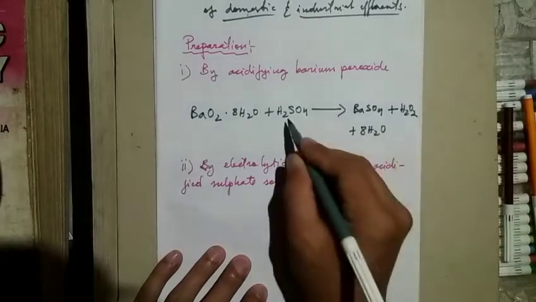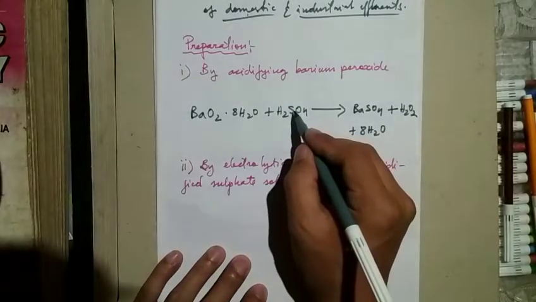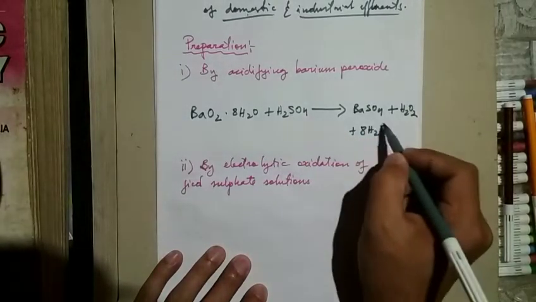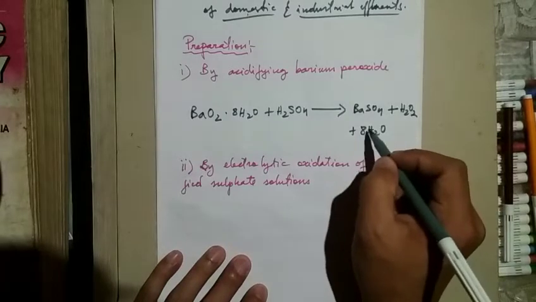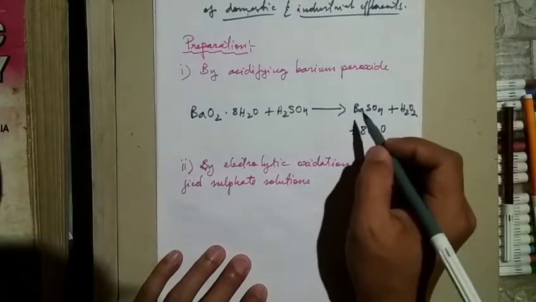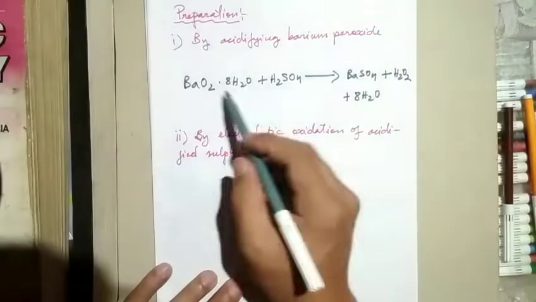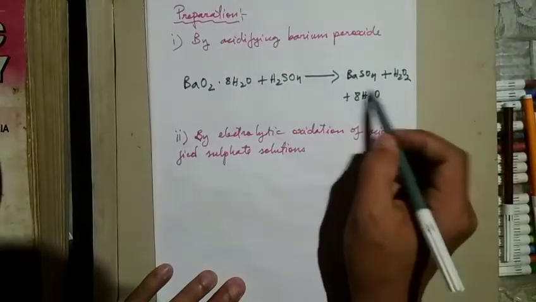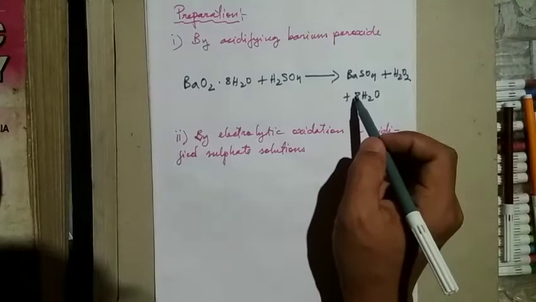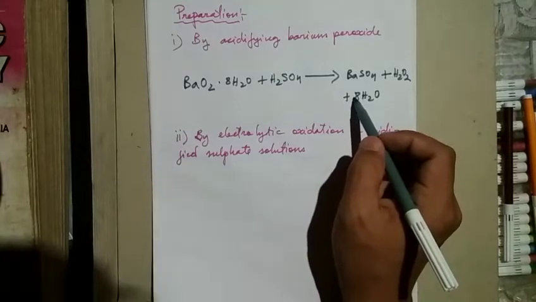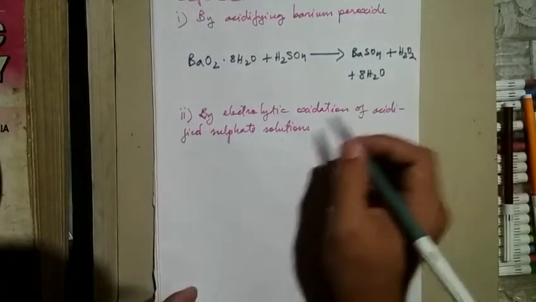After acidifying barium peroxide, this excess water is removed by evaporation under reduced pressure.